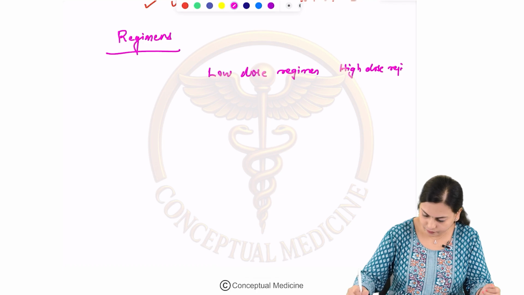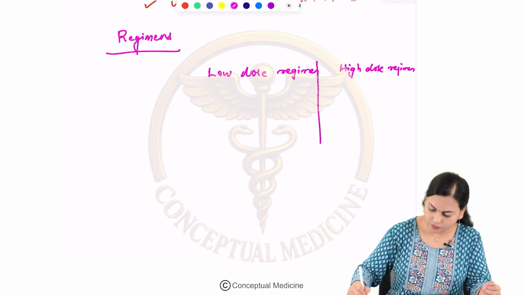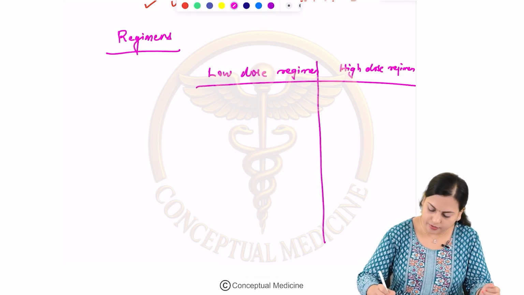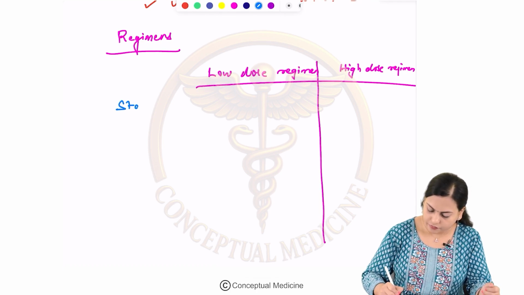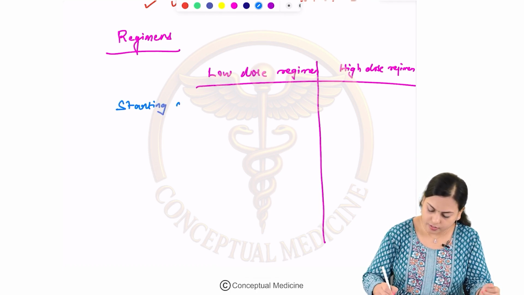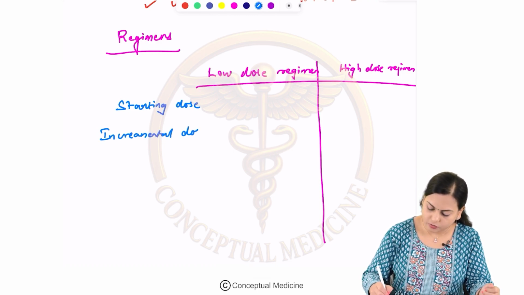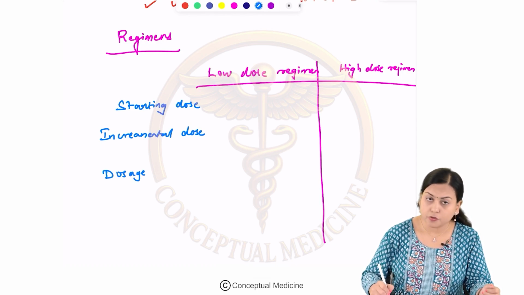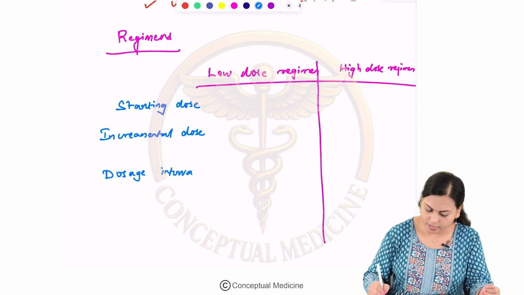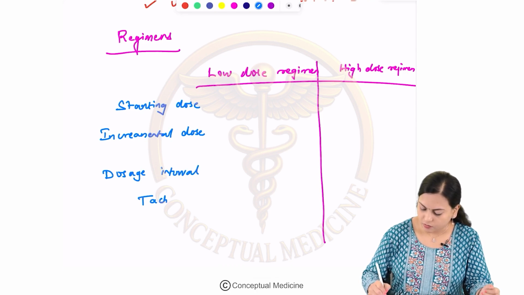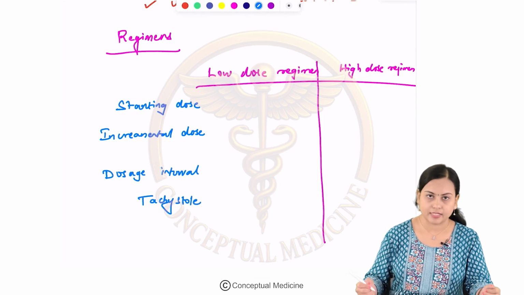So it can be given like this. We have to know at what dose it is started and at what increment the dose should be increased, what is the incremental dose, and what should be the dosage interval, and then what about the risk of tachysystole.